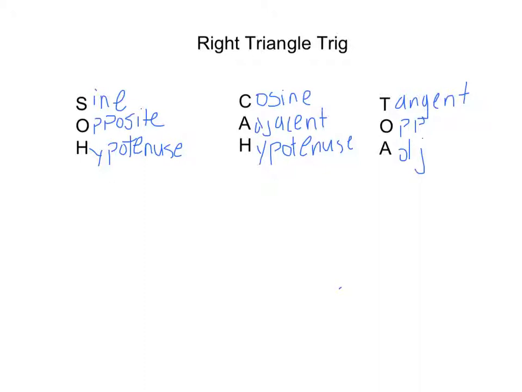Okay, so now that you guys are moving on to pre-cal, you are going to learn a little bit more trig functions than you've done before. So we're actually going to learn 3 new ones. These 3 functions are your reciprocal functions. They're reciprocals because they are flipped.